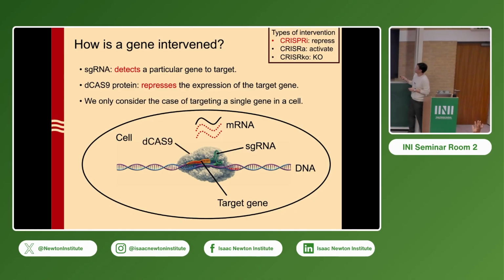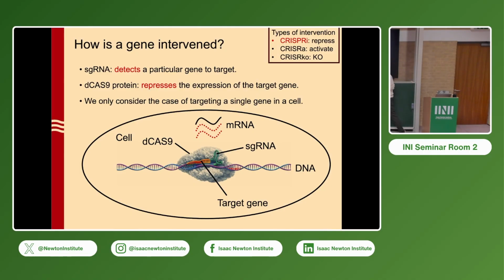It is possible that you can intervene on multiple genes. A lot of acronyms, so can you tell us what's different between dCas9 and sgRNA? So this is referred to as single guide RNA. It detects which region you want to perturb or intervene on.